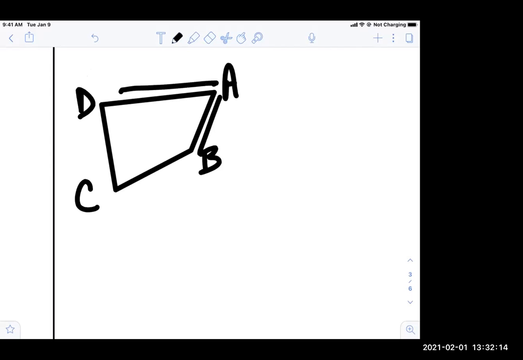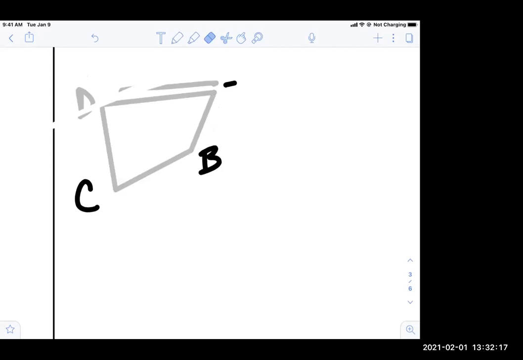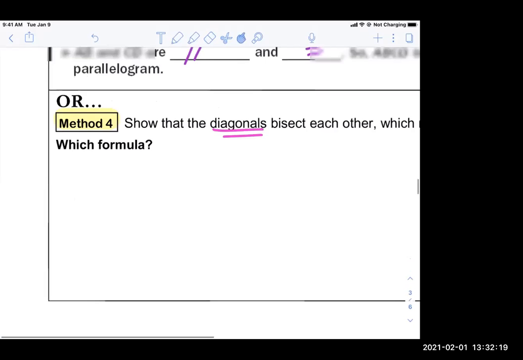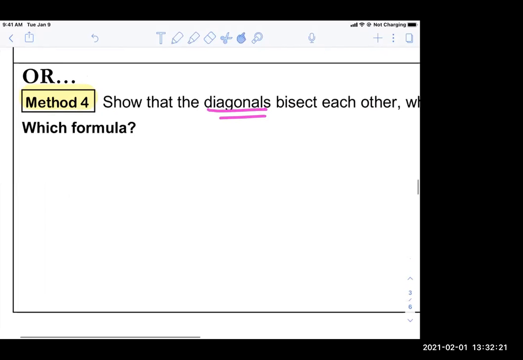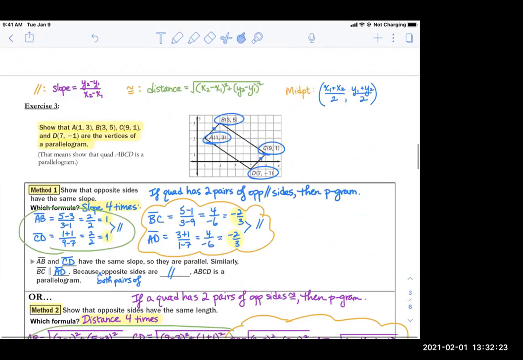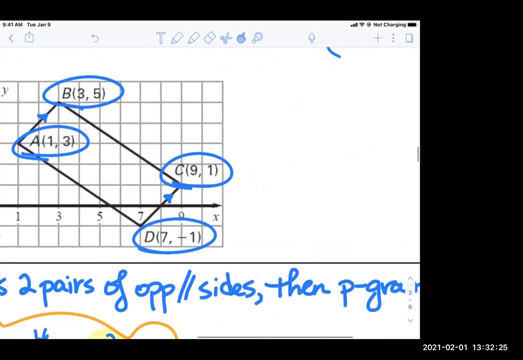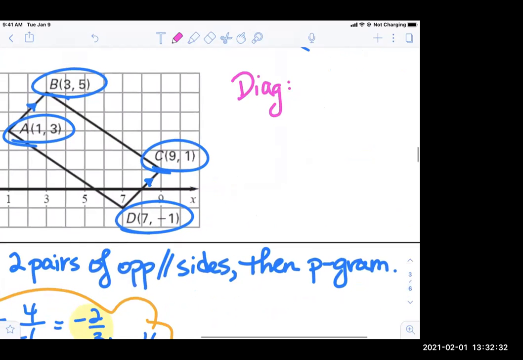So it's super important that you pay attention to the order when you're looking for diagonals. The diagonals in this one are BD and AC. So you want to make sure you grab diagonals here: segment BD and segment AC.